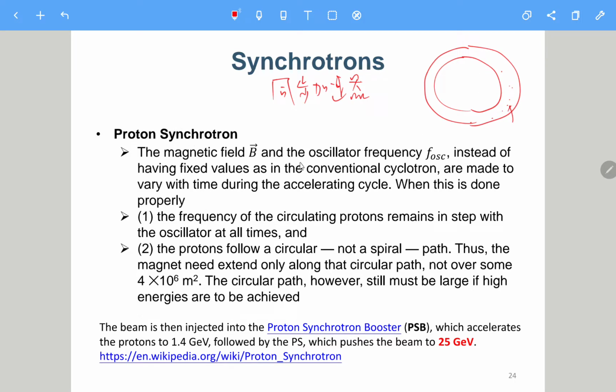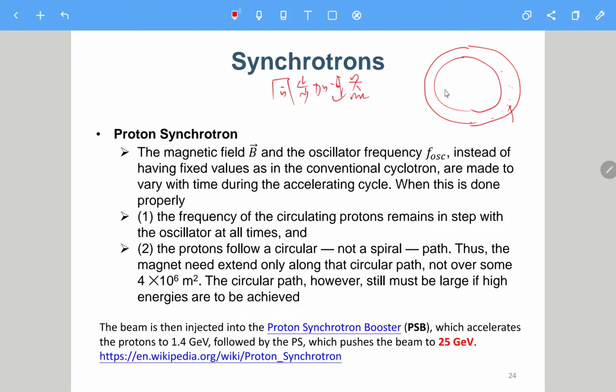So the magnitude B and the oscillating frequency, instead of having a fixed value as in the conventional cyclotron, are made to vary with time during the acceleration, which is done properly. So we make the control more complicated, so that we only need a smaller cross-section area.